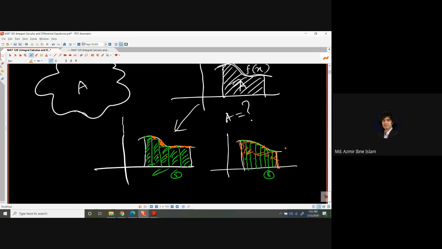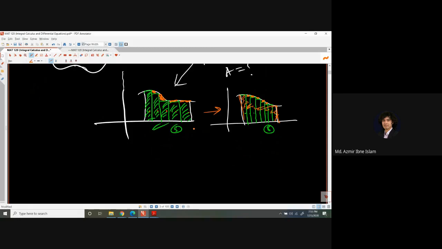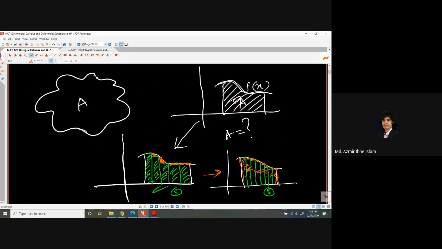So if we extend the idea similarly, if we take more and more rectangles, we will get closer and closer to the accurate area.